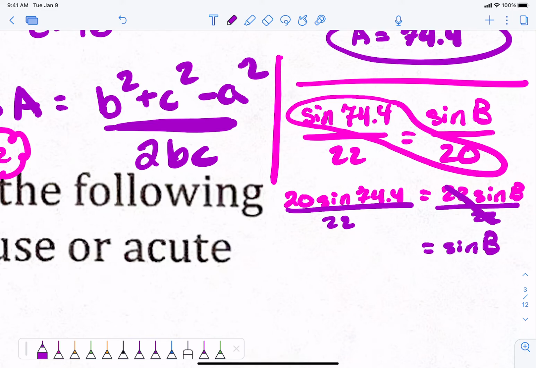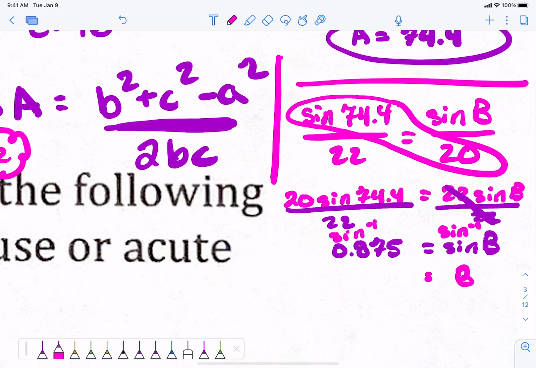What is 20 sine of 74.4 divided by 22? 0.875. And then the last thing, inverse sine of that number. B is how much?